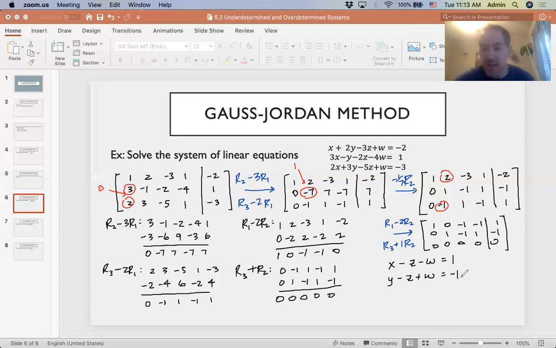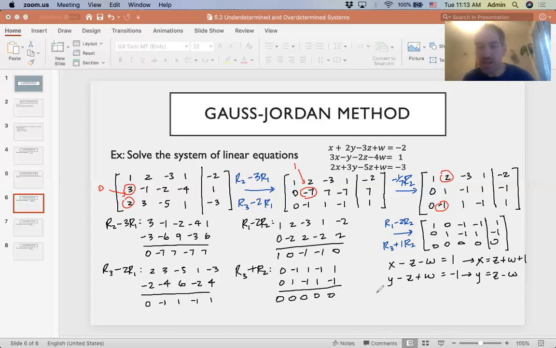So we can write x and y in terms of z and w. We would consider z and w to be our independent variables. X and y are dependent. They depend on what z and w are. But z and w are free variables. They can be anything.